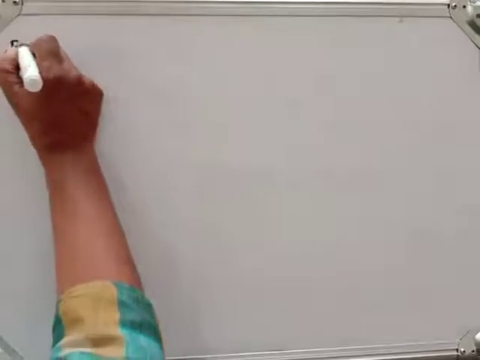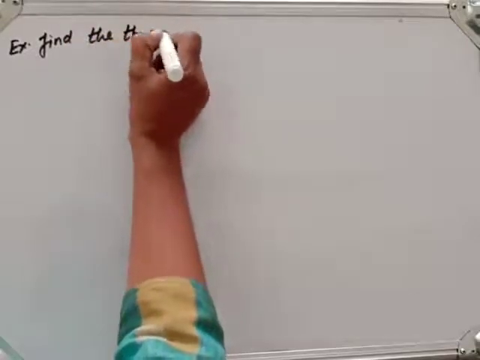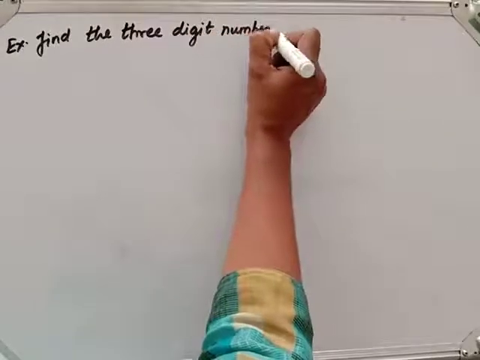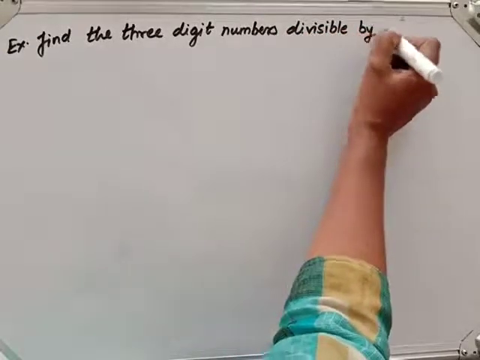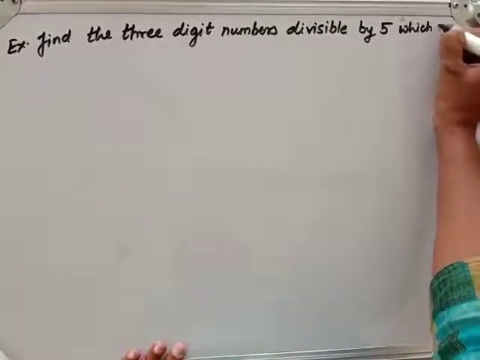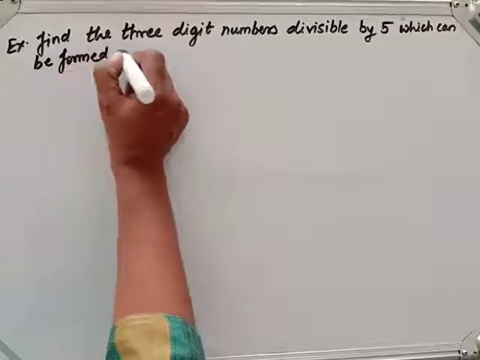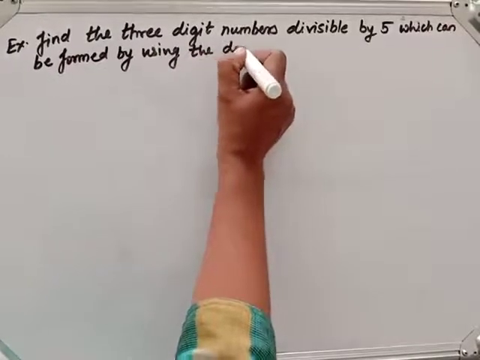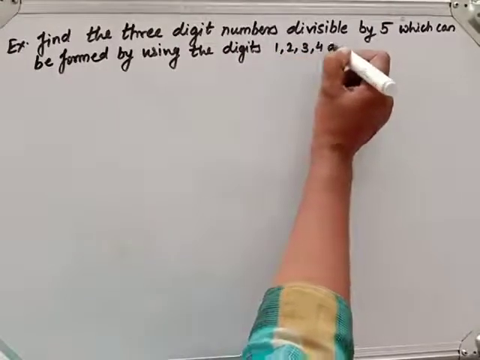Now the next example: find the 3-digit numbers divisible by 5, which can be formed by using the digits 1, 2, 3, 4 and 5.